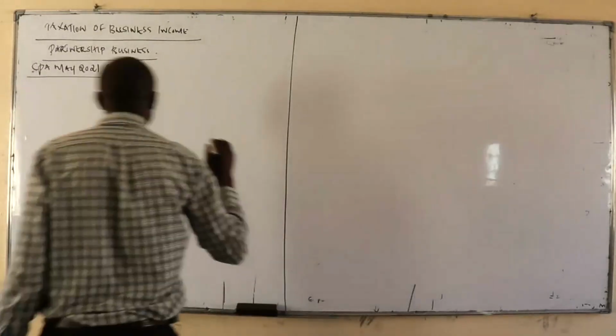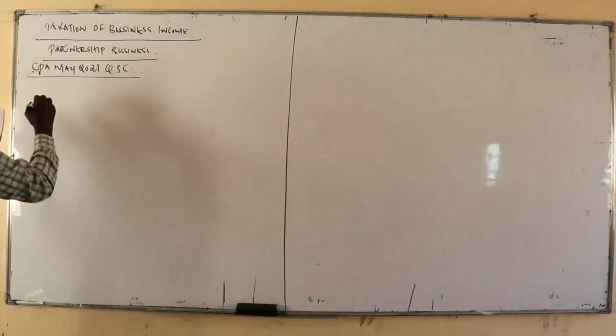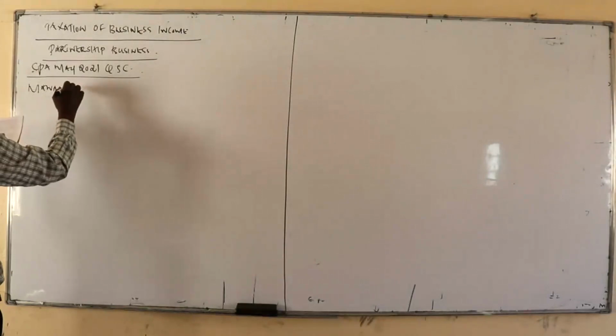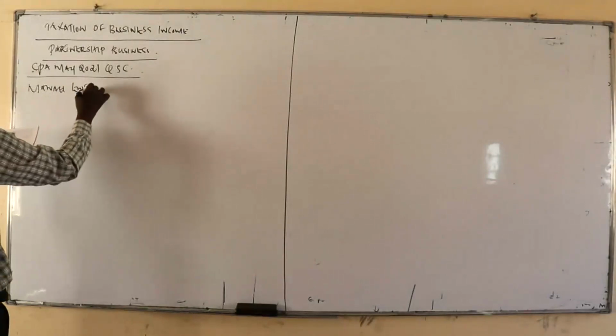we are going to write here the name of the business. What is the name of the business? Mawa Enterprises.